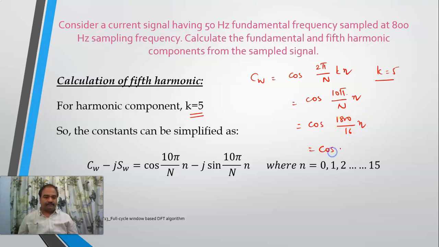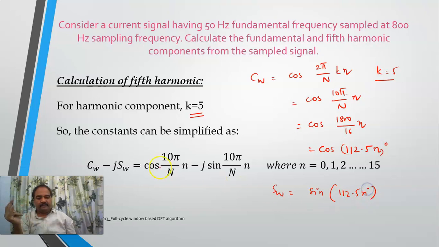So 1800 by 16 is 112.5, so it is cos 112.5 n degrees. Similarly, SW will be sine 112.5 n degrees, where n will be varying from 0 to 15.